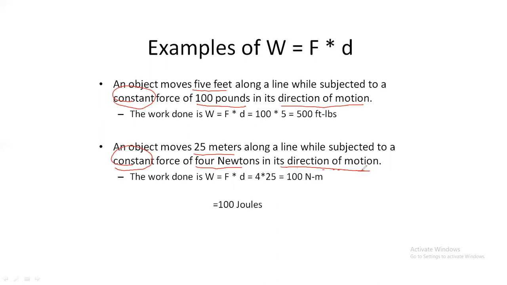It's always specified that the force is in the direction of motion, that way your work will not be equal to 0. So we multiply the force of 4 newtons by 25 meters, the displacement. The answer is 100 newton meters. This newton meter unit is the joule.